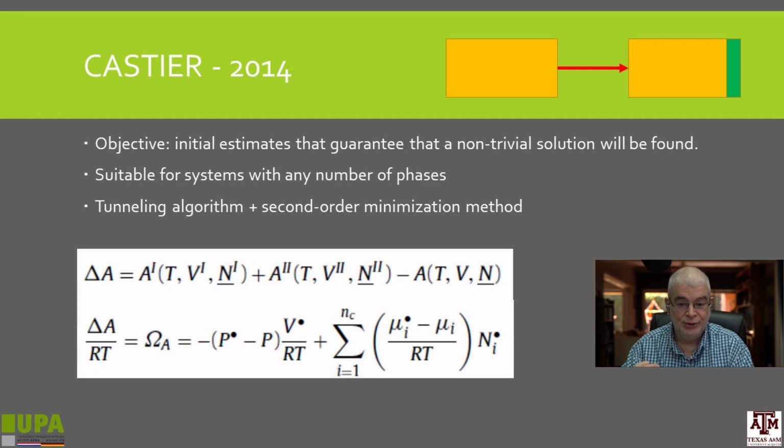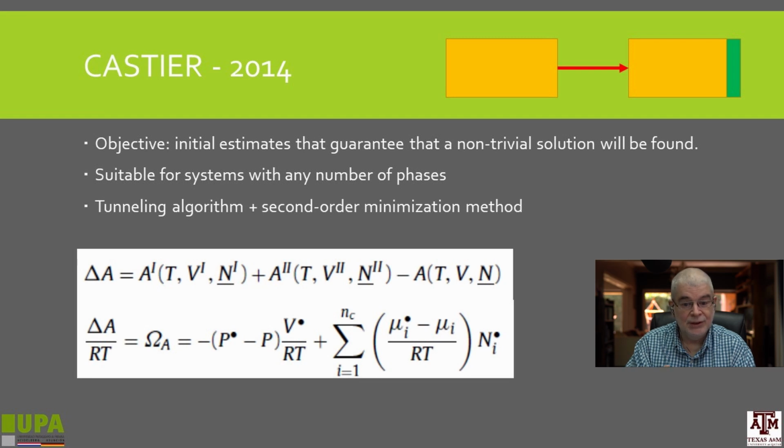So you need to ensure that you get the global minimum of the phase stability function. This is easier said than done, because minimization algorithms that give you certainty of attaining the global minimum are very costly from the computational viewpoint.